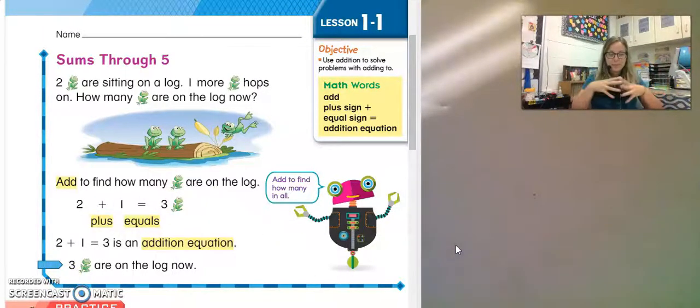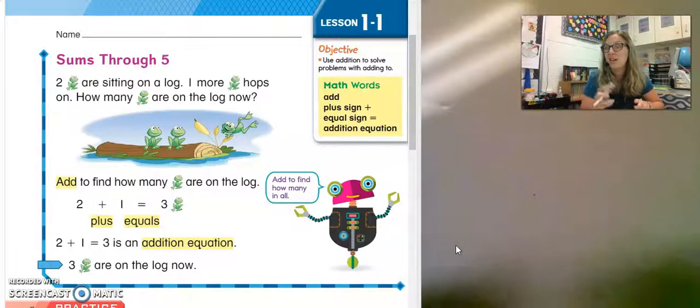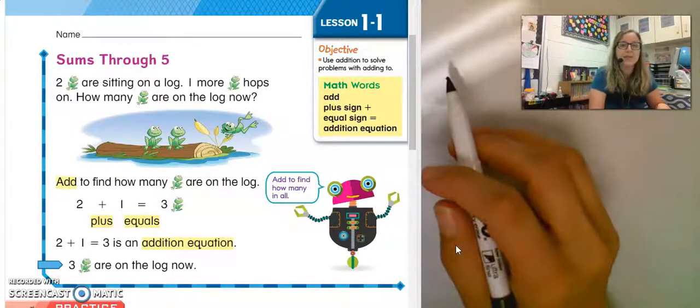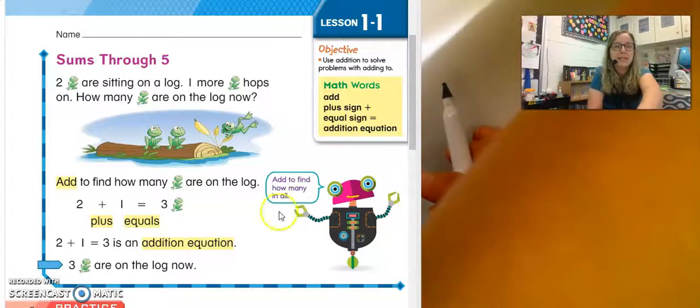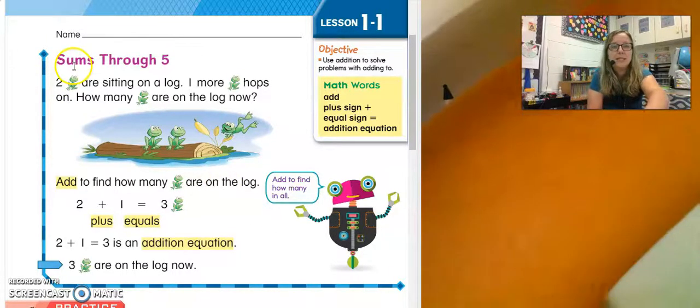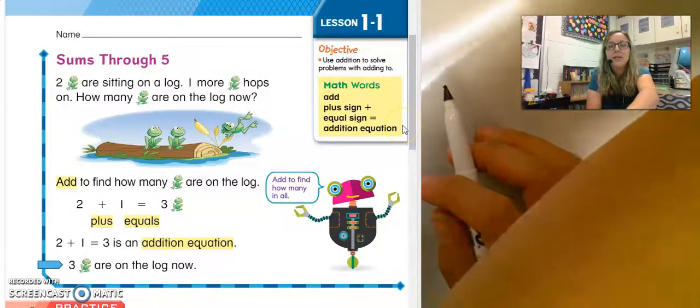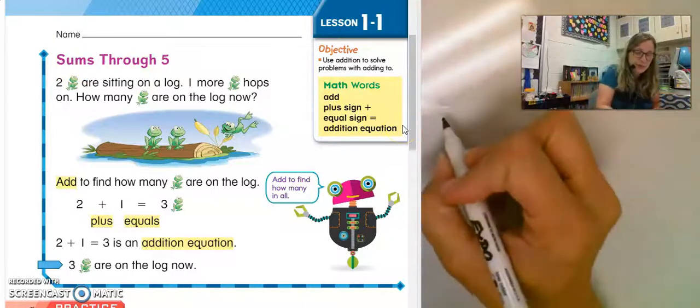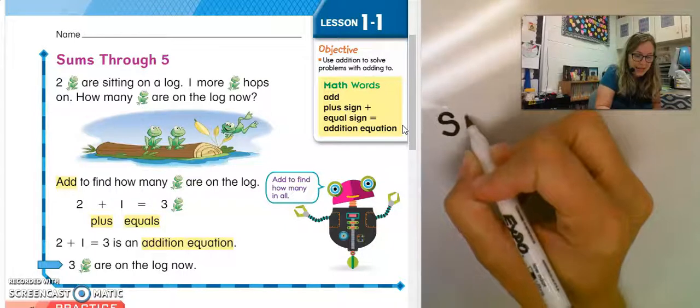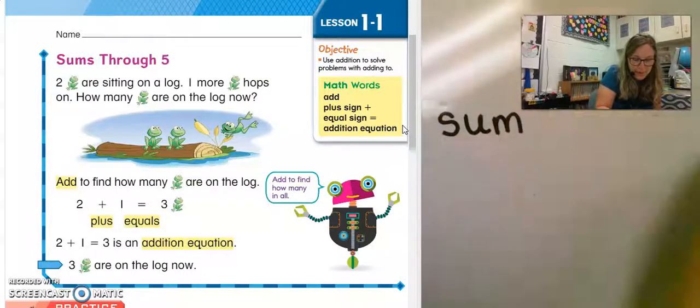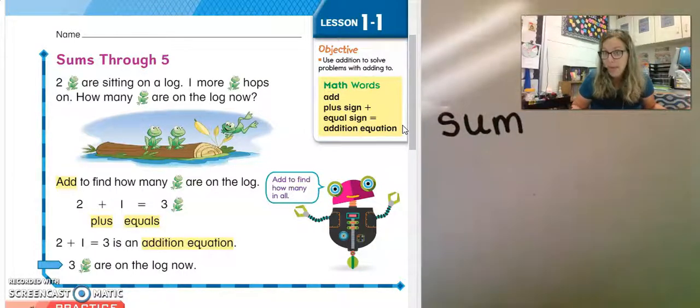Now, before I go into the lesson with you on how we're going to do these problems, we need to talk about that word sum and what that means, okay? So we see here on the screen, it says sums through 5. The word sum, S-U-M, is a word that we use in math, and it is the answer to an addition problem.